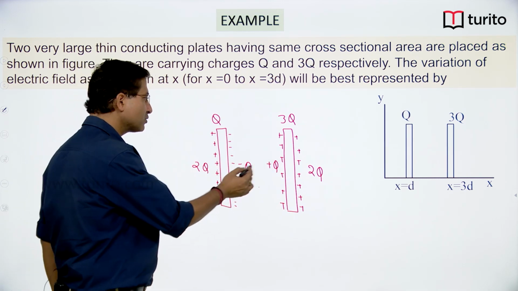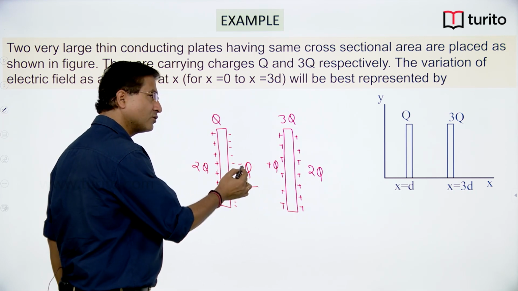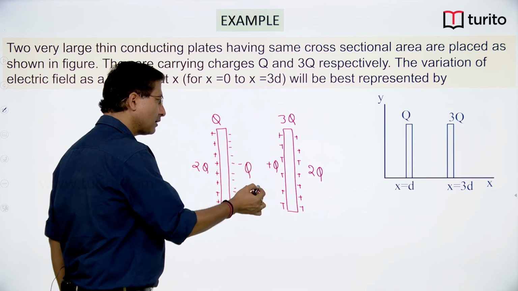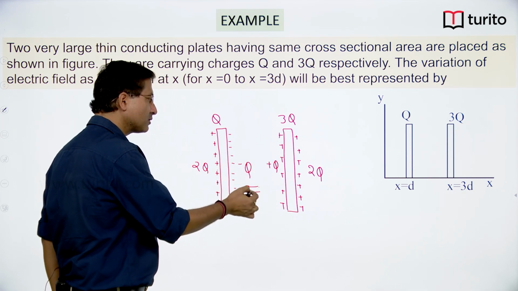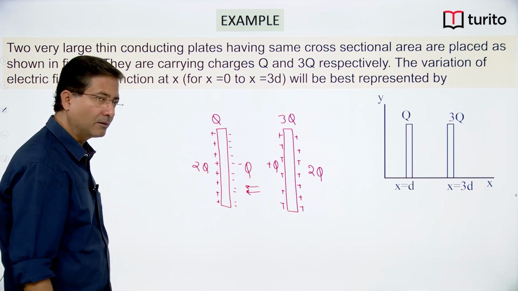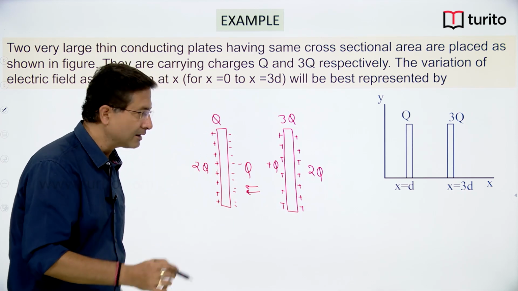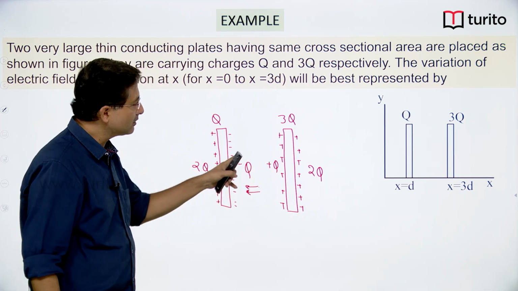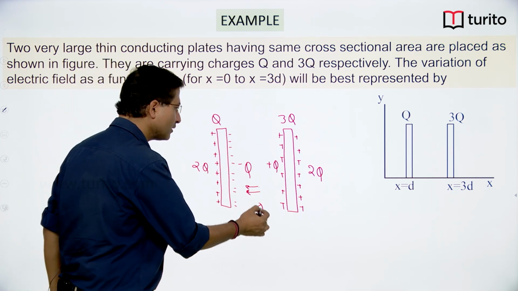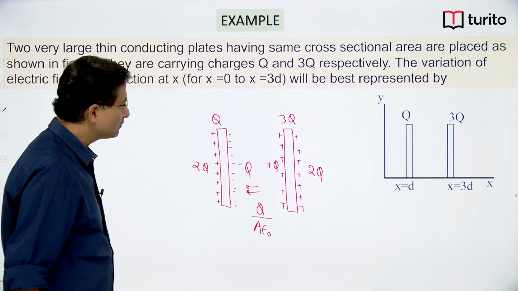But look at this minus q and this plus q, they will produce field in this direction. Positive charge produces field away from the distribution, negative charge towards the distribution, so they will get added up. So, here if I want to write the magnitude of the field, this will produce q upon 2 epsilon naught, and this will produce q upon 2 epsilon naught.